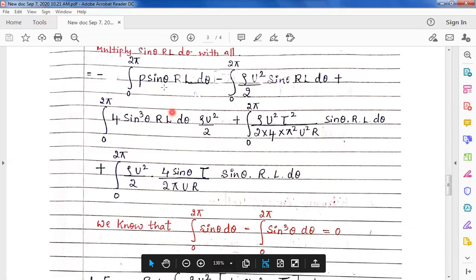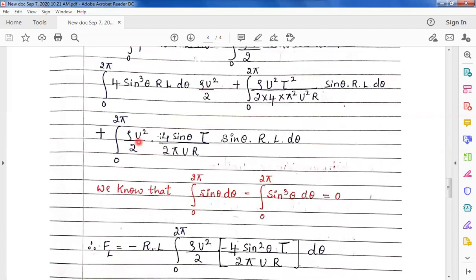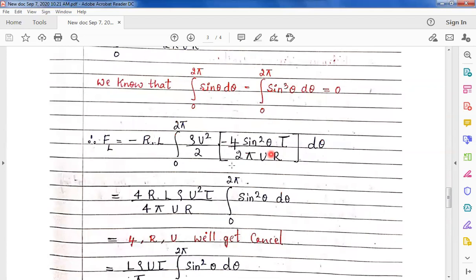See, you have sine theta d theta here, and you have sine cube theta d theta, sine theta d theta, and sine theta d theta. So all these 4 terms will become 0. Hence, the remaining term is rho u square by 2, 4 sine theta circulation by 2 pi u r, sine theta r L d theta. Clear? This will be the remaining part here.